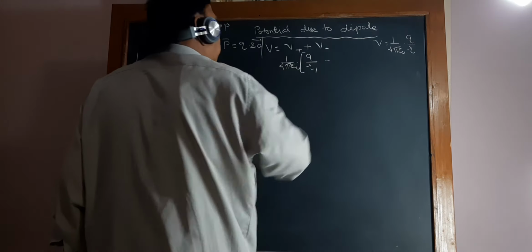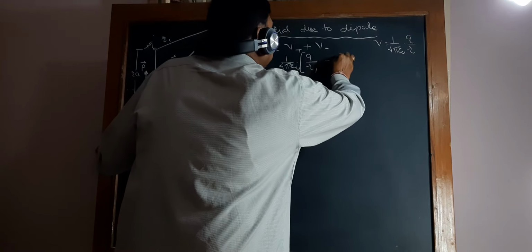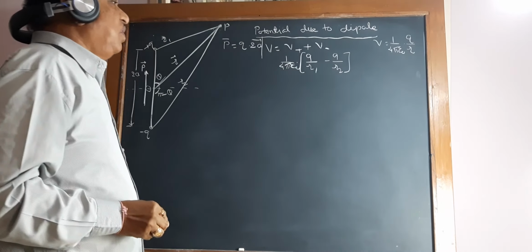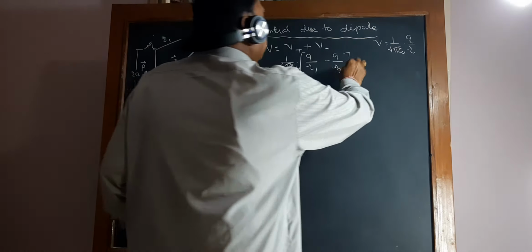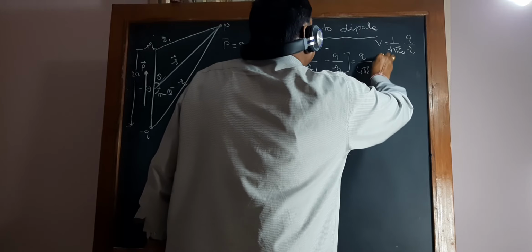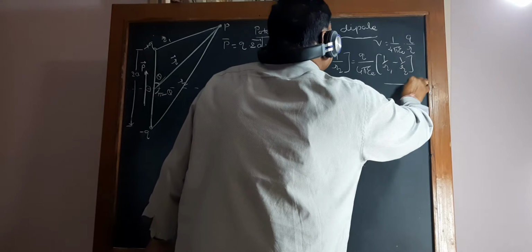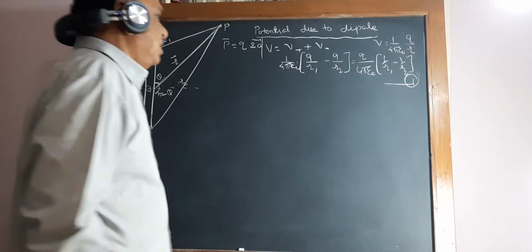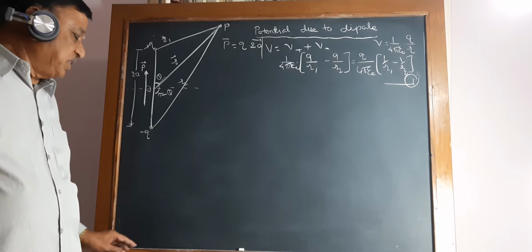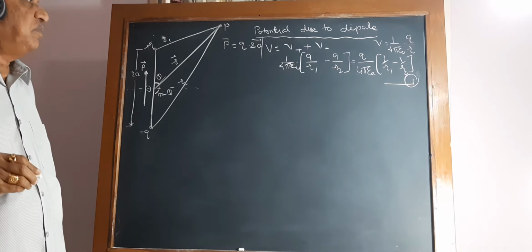So 1 upon 4 pi epsilon 0 common, Q by R1 minus Q by R2. Also we can write it this way: Q upon 4 pi epsilon 0 into (1 upon R1 minus 1 upon R2). Equation 1. Equation 1 is nothing but the principle of superposition for potential due to plus Q and minus Q.